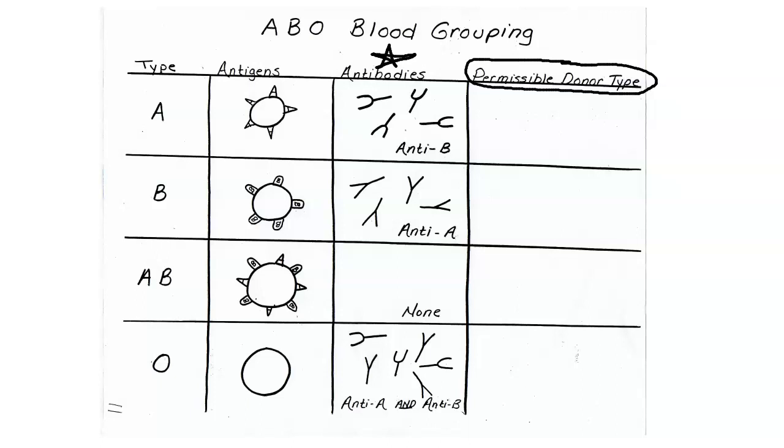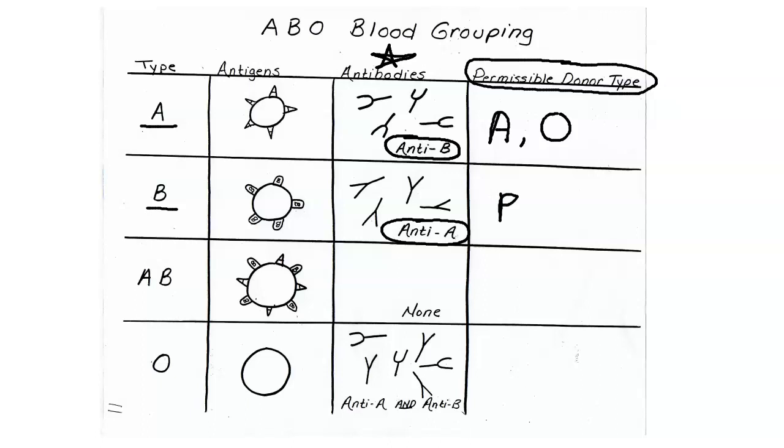In other words, a person with type A blood is producing anti-B antibodies. Therefore, you can't give a blood product that contains sugar B, like type B or type AB. A person with type B blood is automatically producing anti-A, which means that we can't give a blood product that contains antigen A, like type A or type AB.